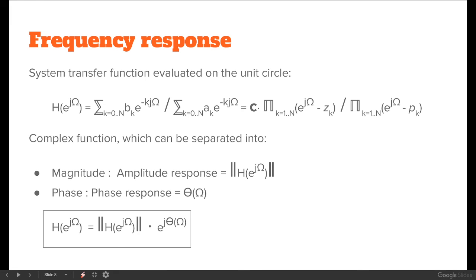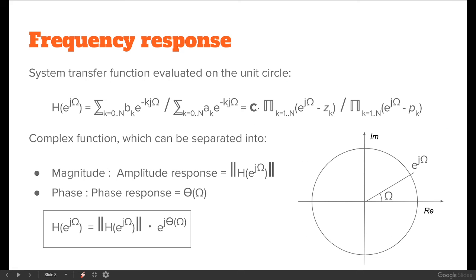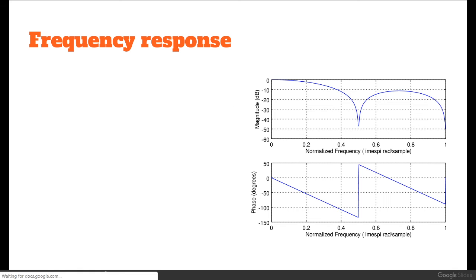And then the frequency response, it's basically you evaluate the transfer function at the unit circle, and that corresponding angle actually there.